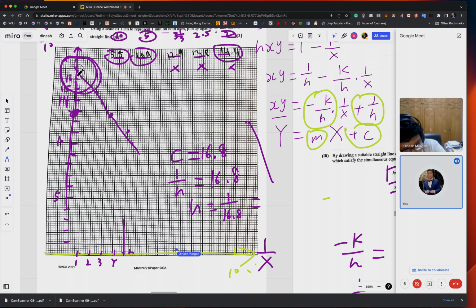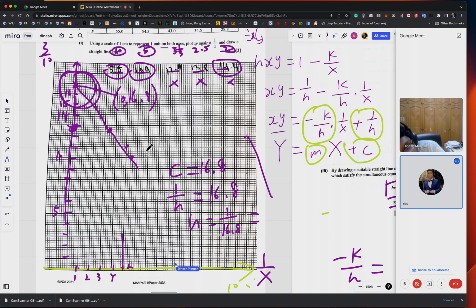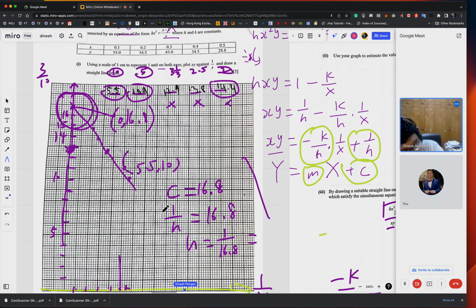So probably you want to use this point, which is 16.0 and 16.8, and then use the last one, which is 5.5 and 10. Then 16.8 minus 10 is 6.8, and then this minus 5.5, that's the gradient, which is negative something.